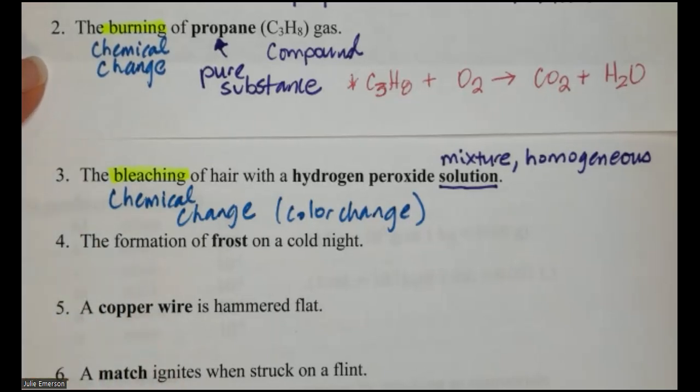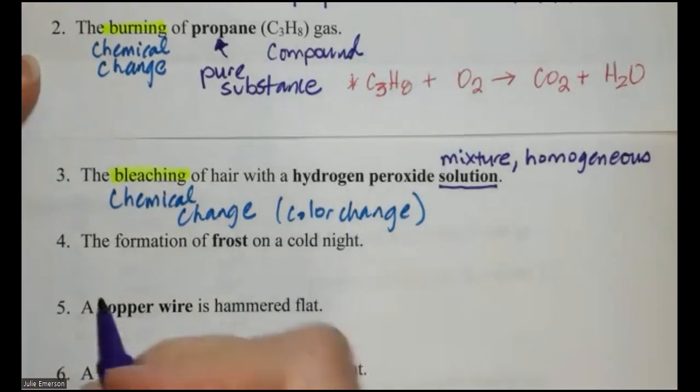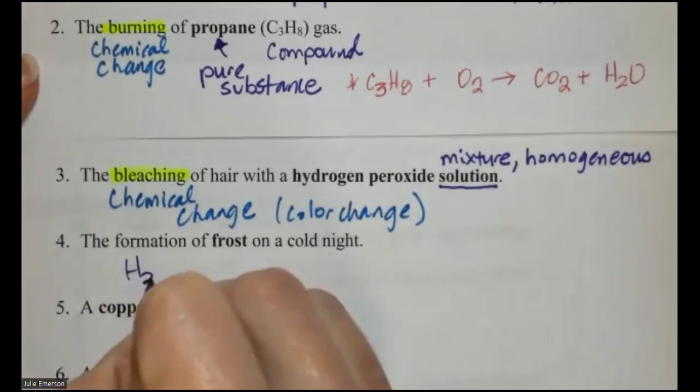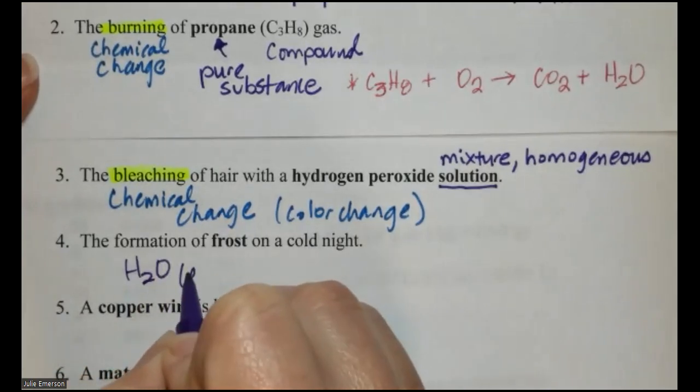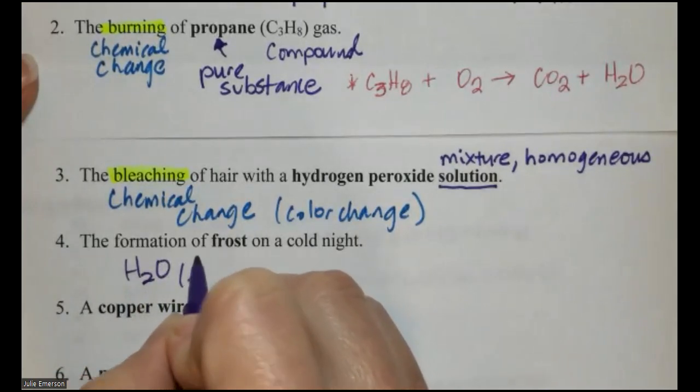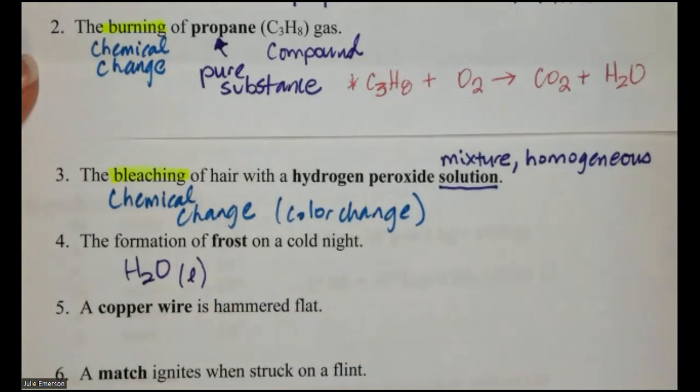All right. Then we've got the formation of frost on a cold night. All right. So all that's happening there is we're taking water vapor, it's the moisture in the air. And so we're feeling it now, although this morning was quite nice. But normally, the last few mornings, I go out to walk the dog and it's like I'm stepping out into a sauna, so you can feel the stickiness.